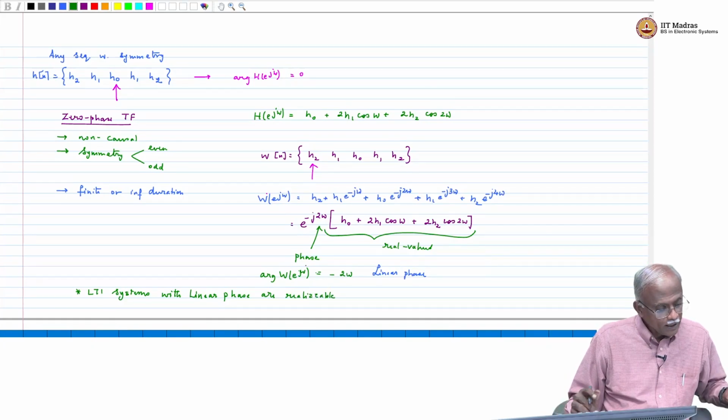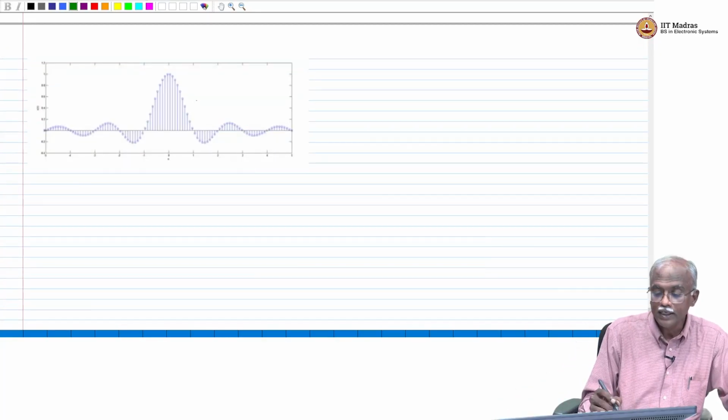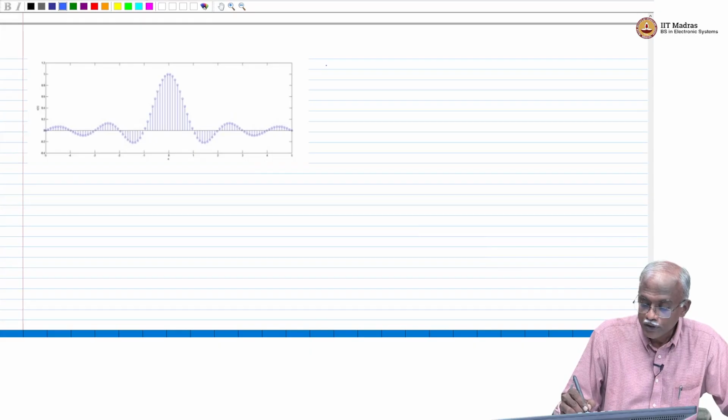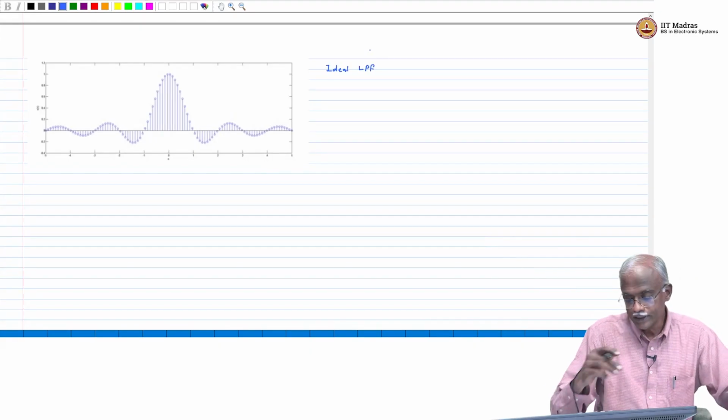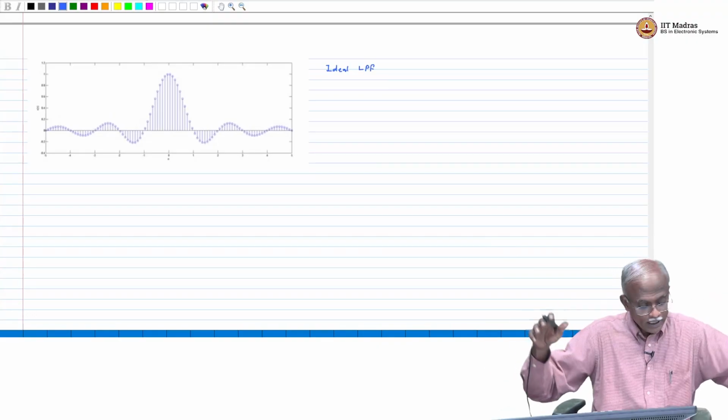Okay, and this is also powerfully illustrated with the ideal low pass filter. So this is the ideal low pass filter. As we said, it is non-causal, it is doubly infinite, and it's a sinc function.